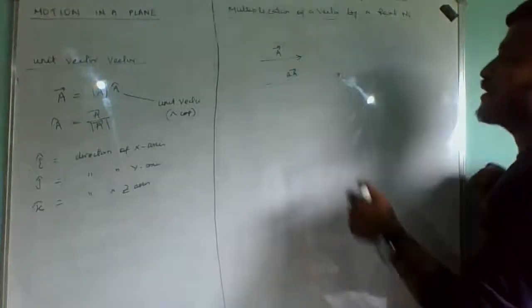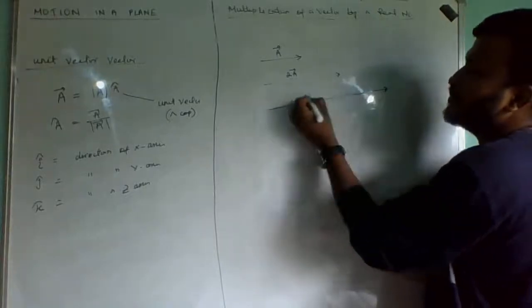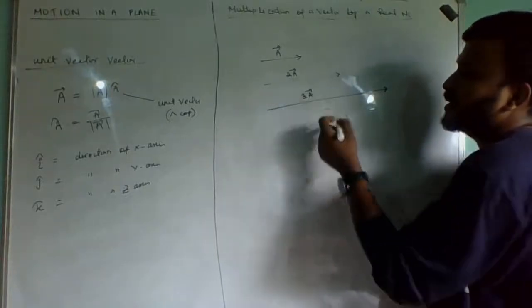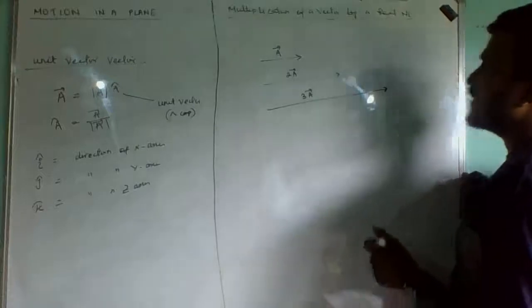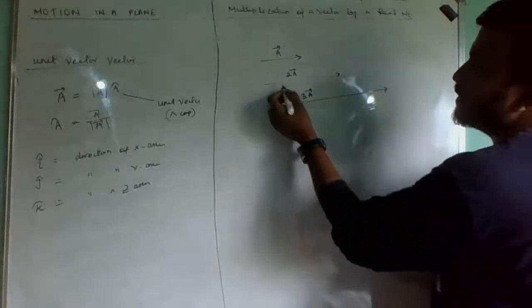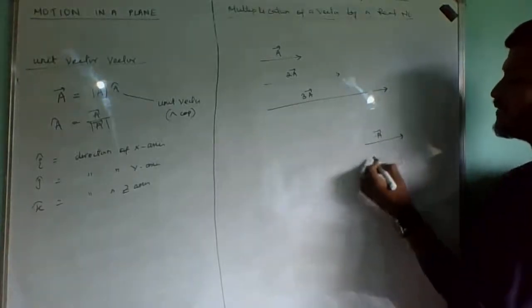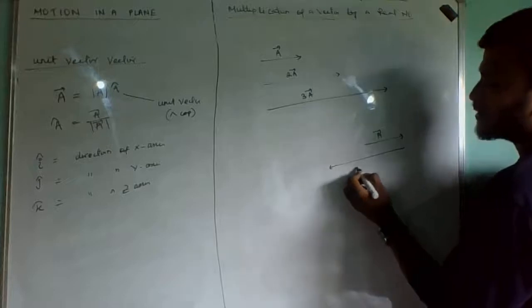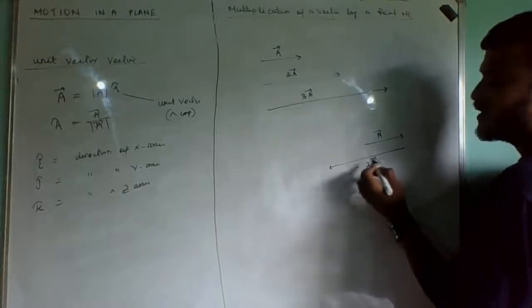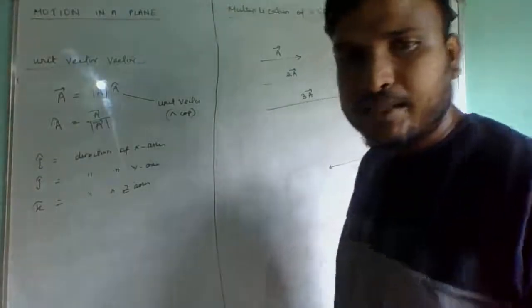So the new vector is twice of vector A. If I multiply by 3, it becomes 3A. This is for a positive real number. But obviously if you multiply by a negative real number, the direction will get changed. So this is the multiplication of a vector by a real number.